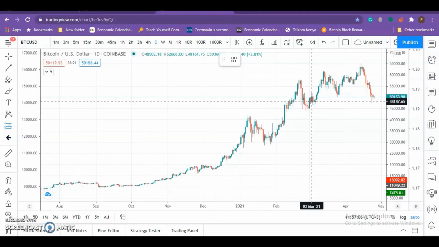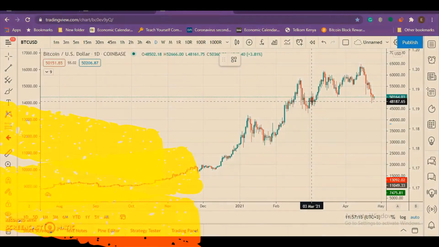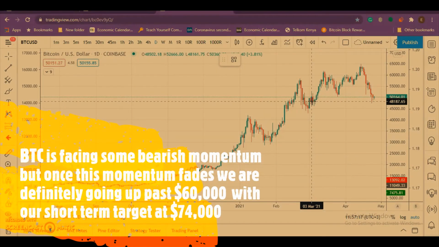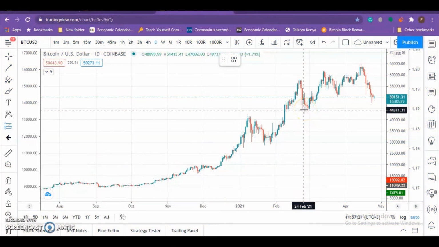But basically I would like to wait on Bitcoin before I add on to my buys. A possible fall to below 47 or 45 would be a very good buy, but any fall below 44 would be the momentum shifting to the bearish side.